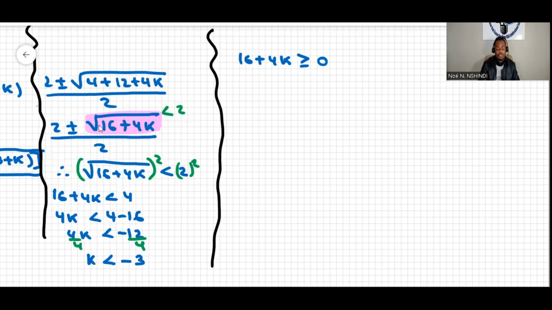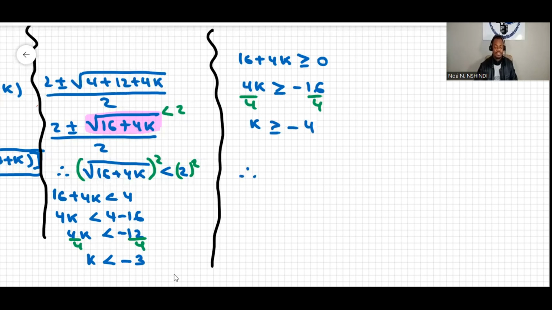Okay, the roots will not be real anymore. So this must be positive. If I move 16 over, we have 4k greater or equal to negative 16. Then we divide both sides by 4, and this makes k greater or equal to negative 4.